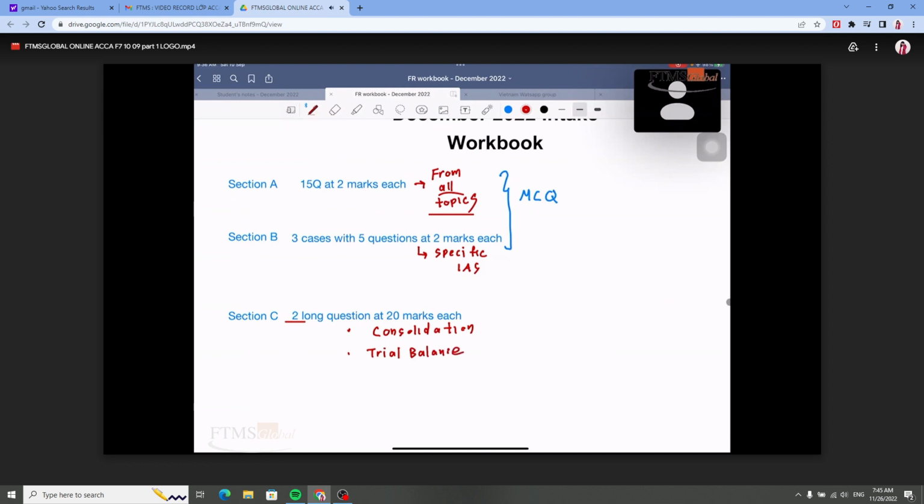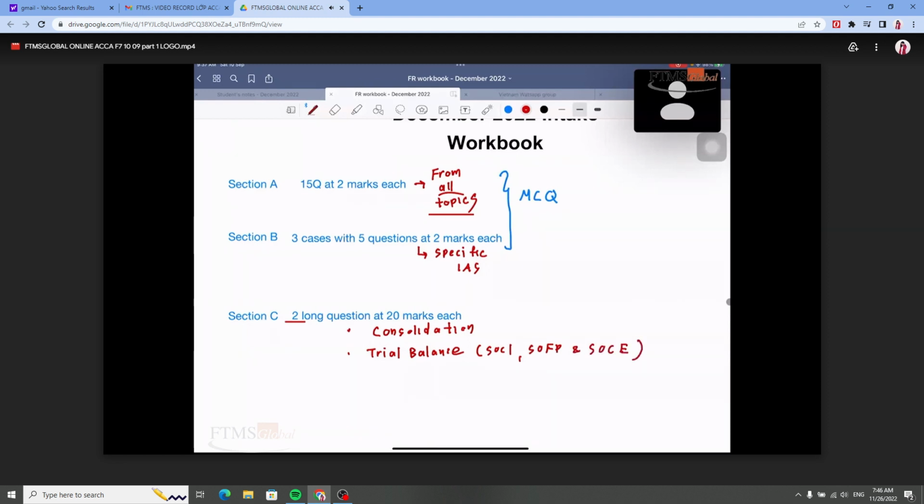They will give you one trial balance with multiple adjustments. What is required? With the information given, you are required to prepare a SOCI, of course, our P&L, then SOFP, and now SOCE. SOCE stands for Statement of Changes in Equity.